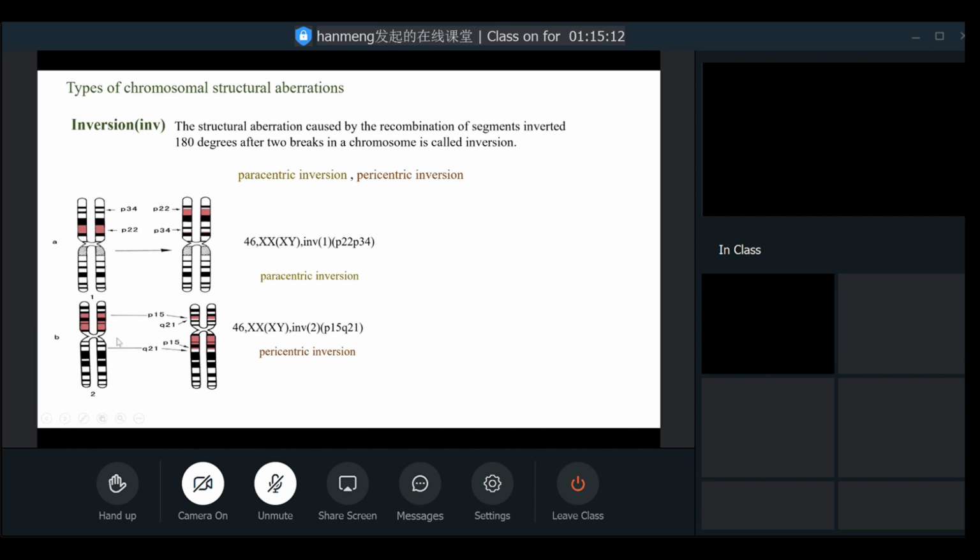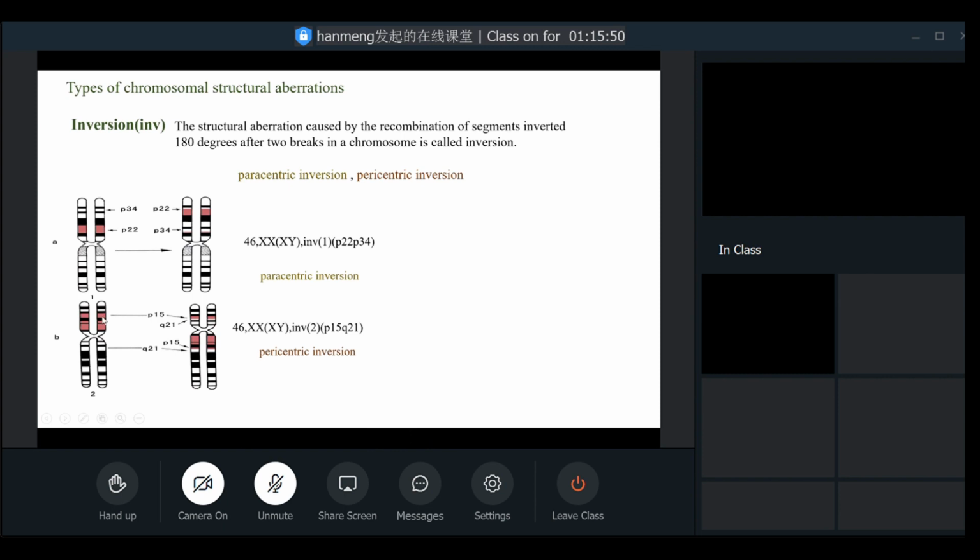And another example is where the P15 and the Q21 fragment have an inversion. This can be described as 46,XX or XY, inv(2)(p15q21). In this condition, the short arm and the long arm both have a breakage.